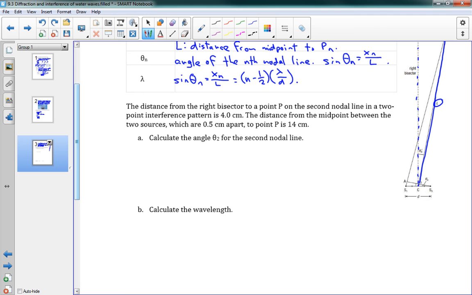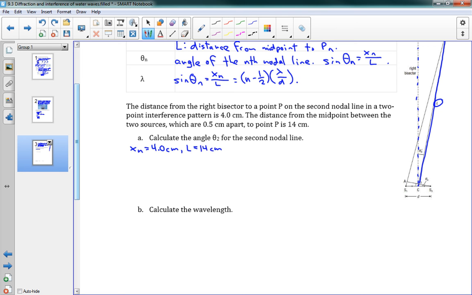So now we have the distance from the right bisector to a point P on the second nodal line in a 2-point interference pattern is 4 centimeters. So xn is 4 centimeters. I'll write that in right here. The distance from the midpoint between the two sources, which are 0.5 centimeters apart, to point P is 14 centimeters. So L is 14 centimeters.